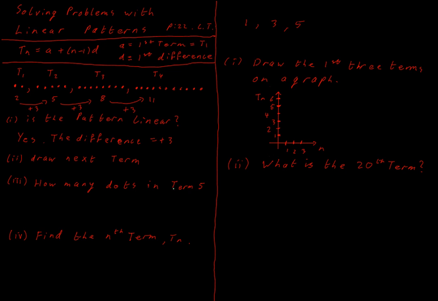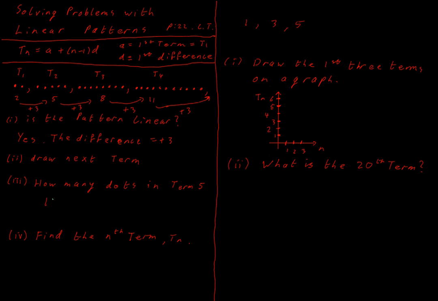How many dots would be in term 5? Well, in term 4, there were 11 dots, and I know that I'm adding 3 each time to get to my next term. Sorry, that should only be an arrow going across once. To get to my next term, I'm not going to have space to draw it, but I'd just add 3 again.